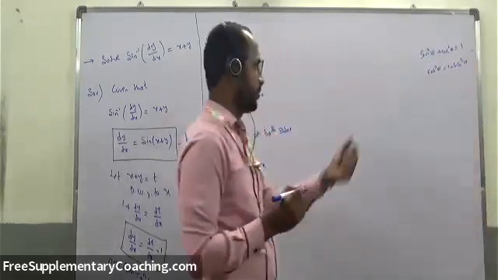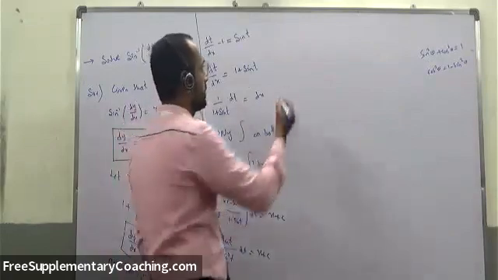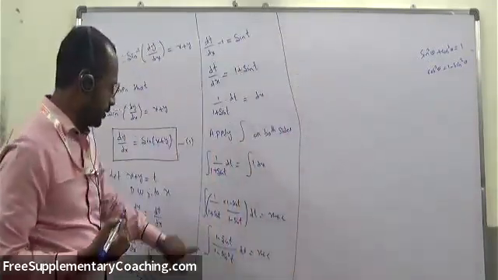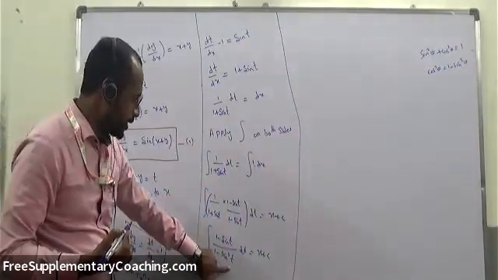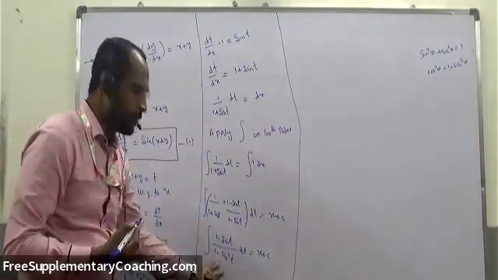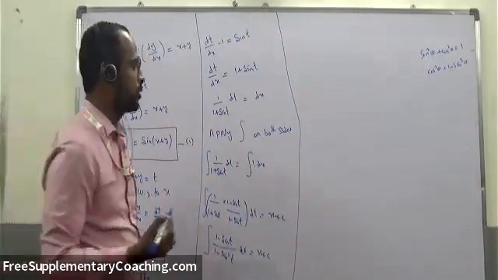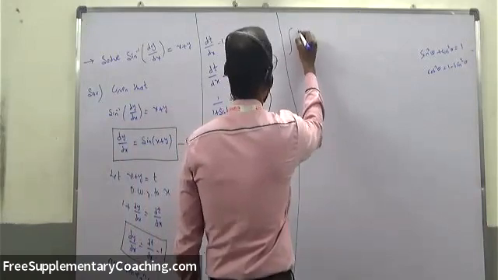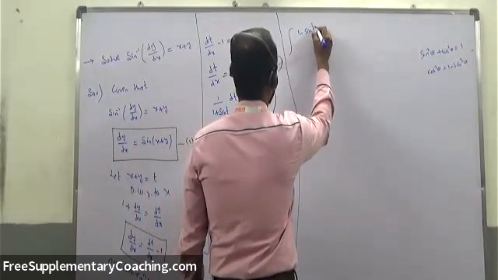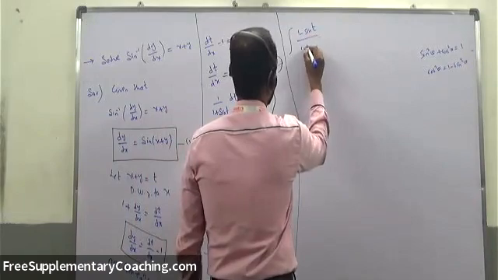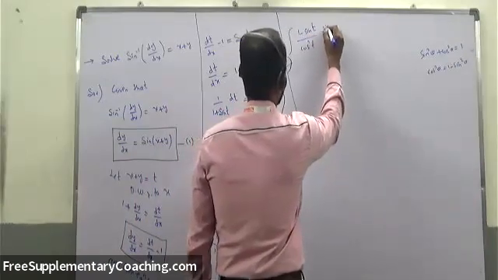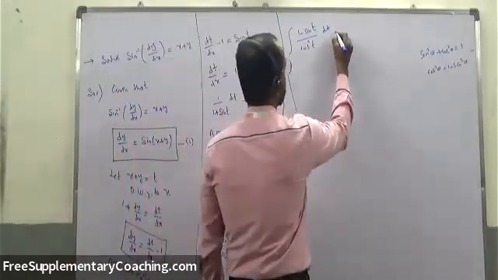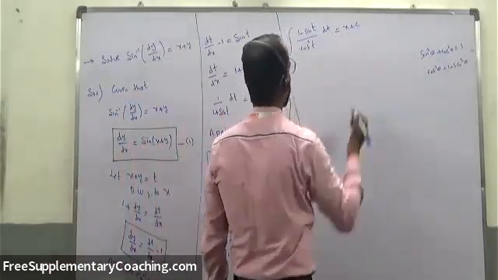This conversion I'm using here. So 1 minus sin square t I can write as cos square t. This is integration of 1 minus sin t by cos square t into dt is equal to x plus c.